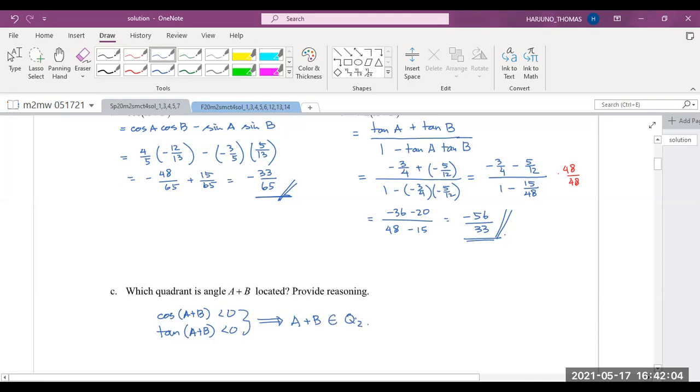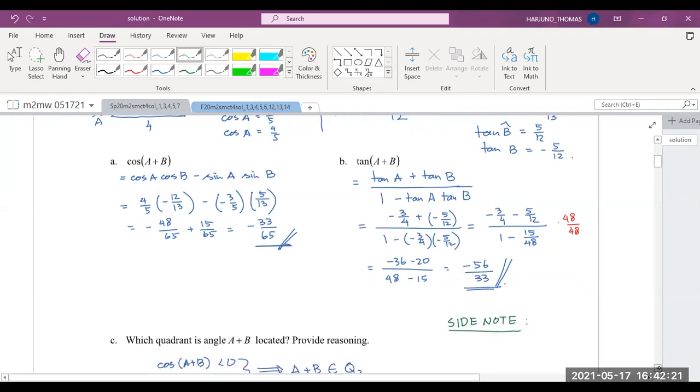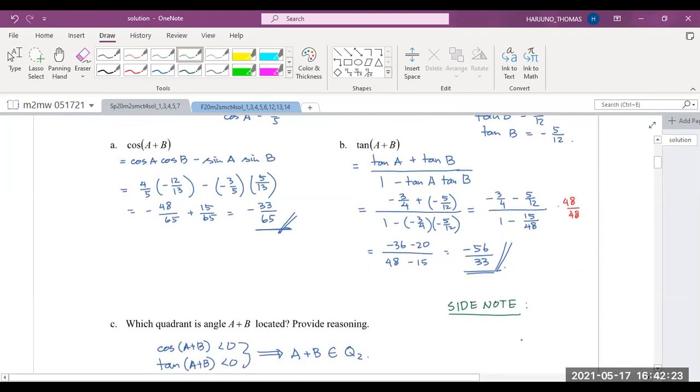By the way, I would like you to take a look at a side note. This is not important, but call it a side note. Notice that we actually obtain Pythagorean triplets. If you take a look at this A plus B hat, the reference angle, cosine A plus B hat is 33 over 65. Now the tangent is 56 over 33.